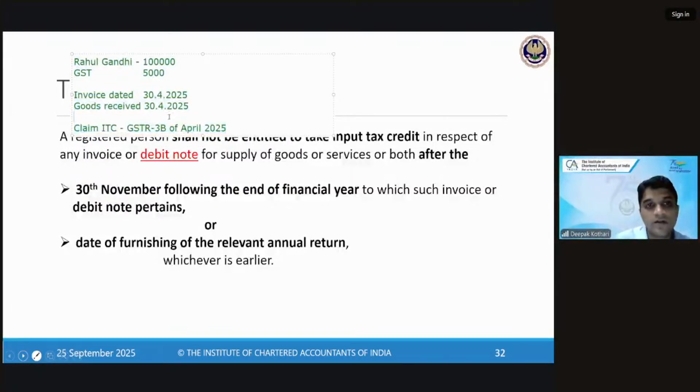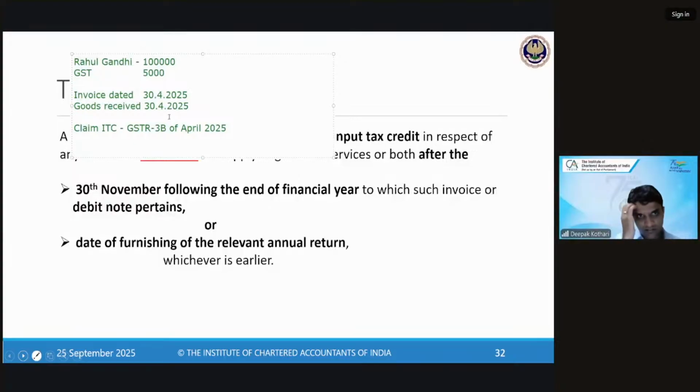Right? Normally, you have claimed it, fine, and the 180 days payment condition you will see. But now suppose you have not claimed it in ITC of April GSTR 3B, you have missed it.